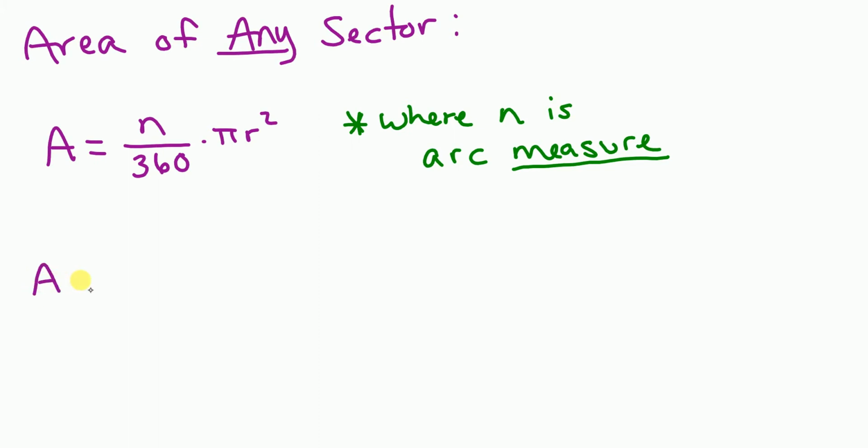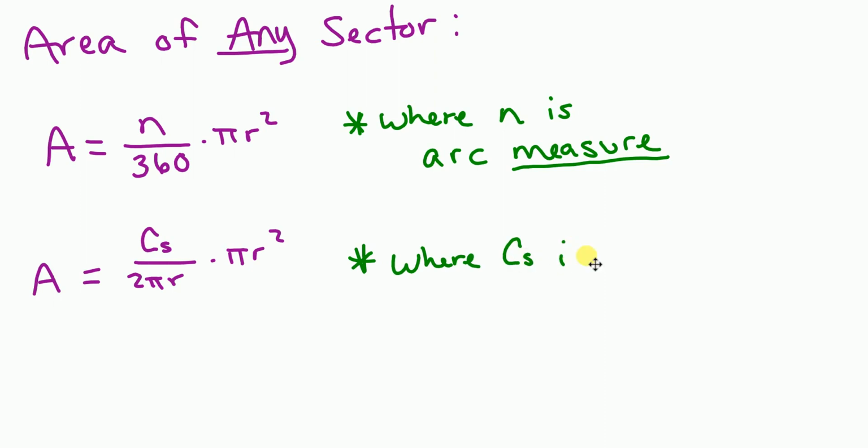And then the second formula is area equals CS over 2 pi r times pi r squared, where CS is arc length.